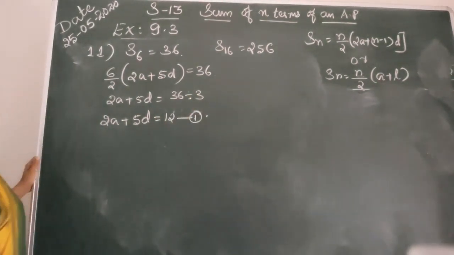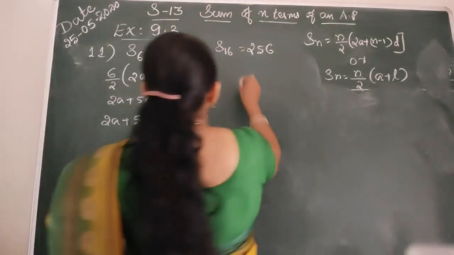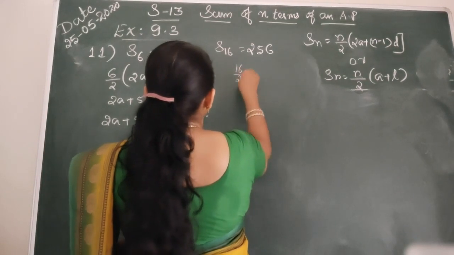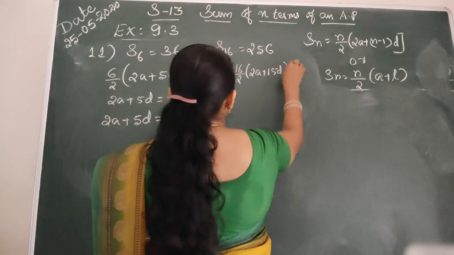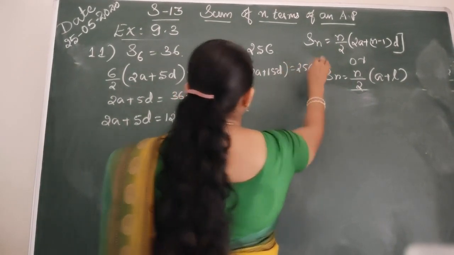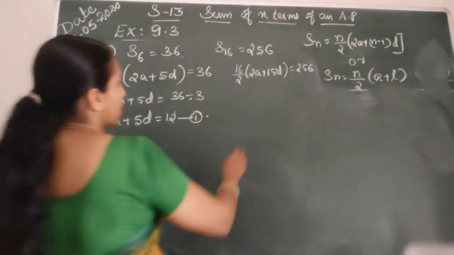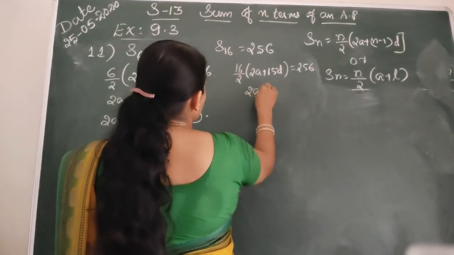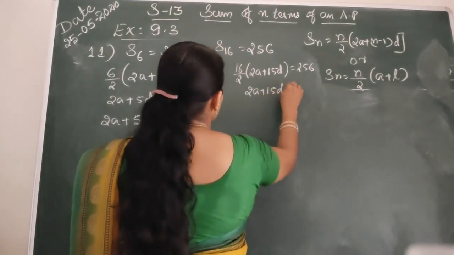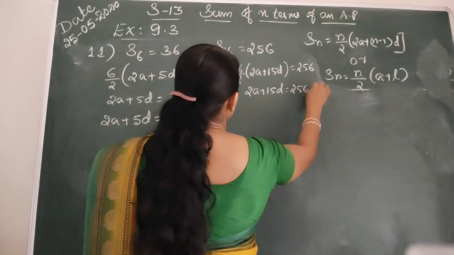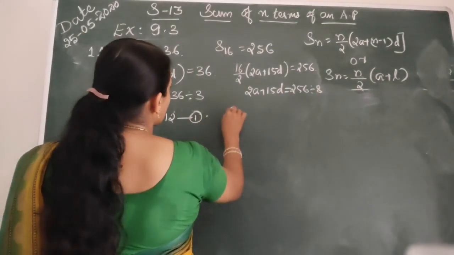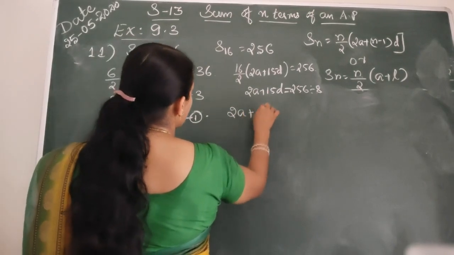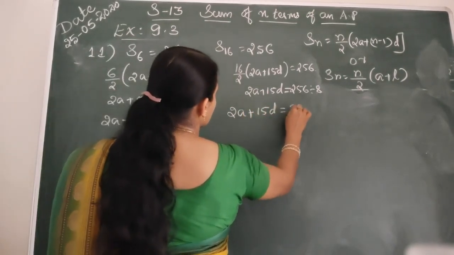Similarly, 16 by 2 into 2A plus 15D equal to 256. That is 2A plus 15D equal to 256 divided by 8, and you are getting 2A plus 15D equal to 32.